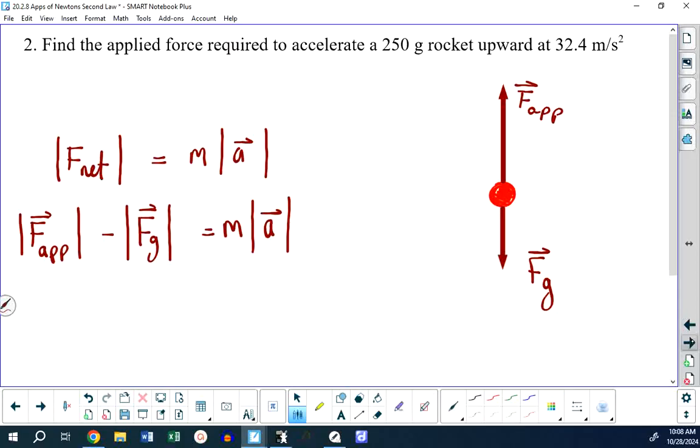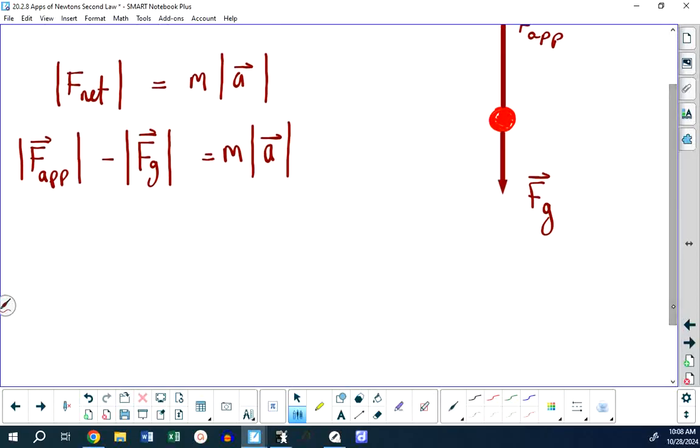It's always going to be bigger minus smaller. We can drop all of this pretense with the absolute value signs and just write the applied force minus mg, because that's how you calculate the force of gravity, is equal to the mass times the magnitude of the acceleration.